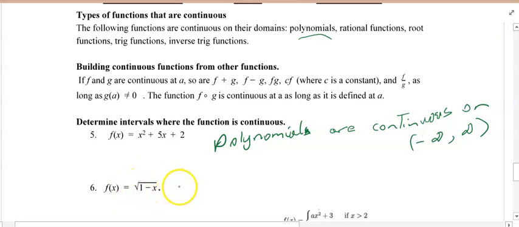F of x is equal to radical 1 minus x. What we know about root functions, the square root function in particular, is that the domain is limited to where it'd be continuous. So this is the root function.